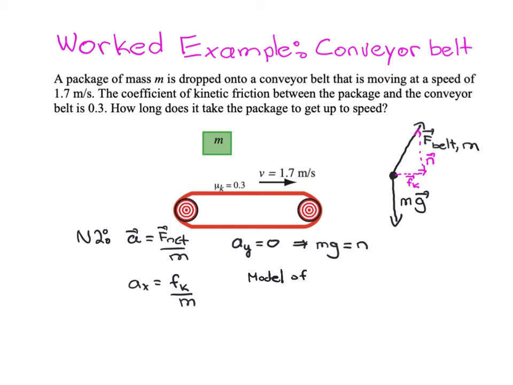And our model of kinetic friction, and by kinetic friction, again, we mean the friction that exists between two surfaces that are sliding with respect to one another, says that the magnitude of this kinetic friction force is just equal to this coefficient of kinetic friction, this dimensionless quantity, which in this case we're told is equal to 0.3, times the magnitude of the normal force.